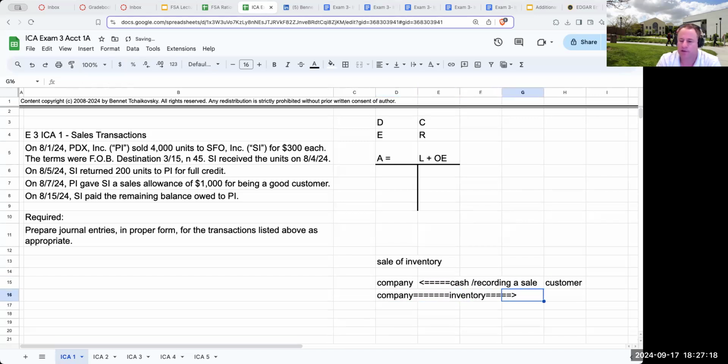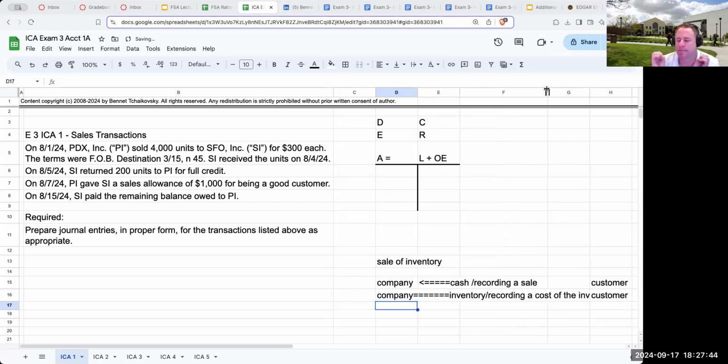So this is the inventory, and we're recording the cost of the inventory to our customer, right? So we have two things going on.